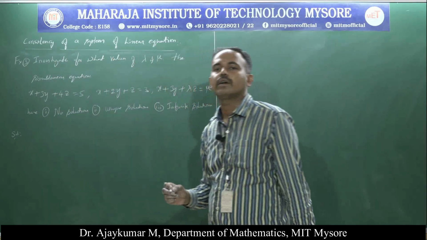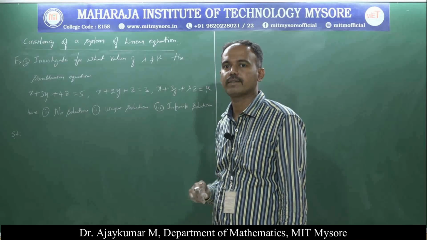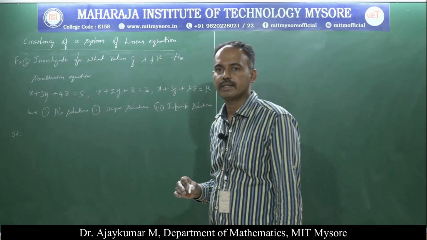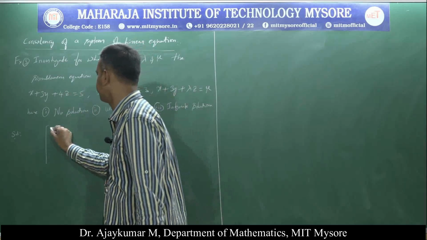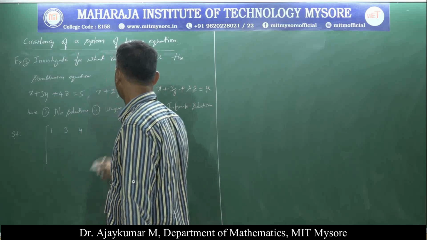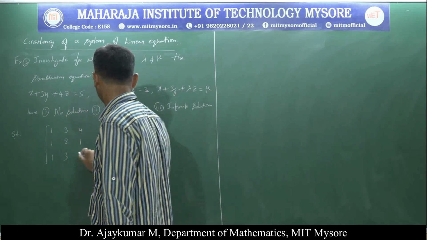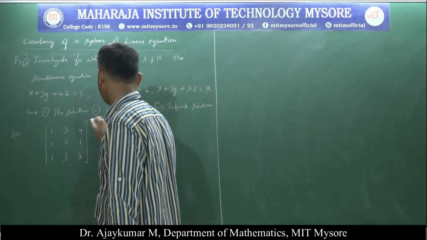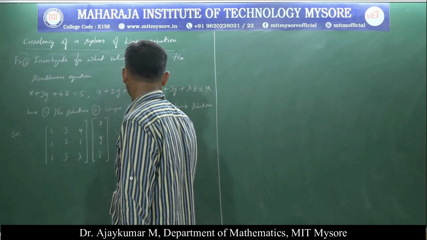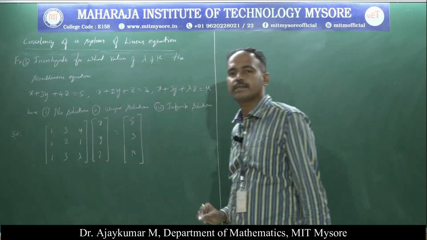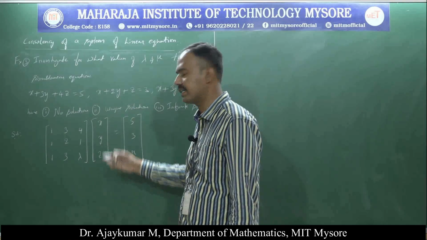in the augmented matrix form. The first one, the coefficient matrix A, the matrix of unknowns, the next one, the matrix of constants. First we specify the coefficient matrix A, and x, y, z are available, 3 unknowns.